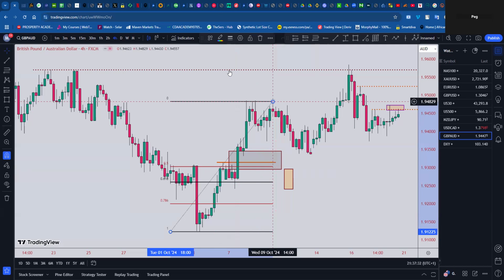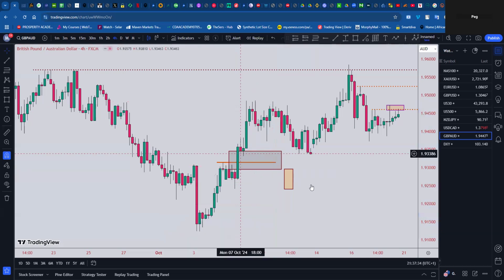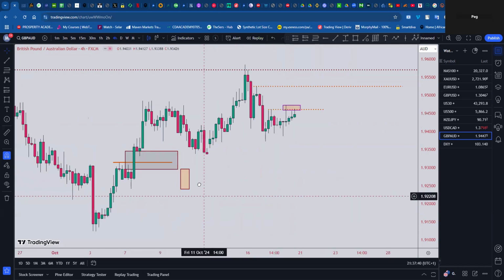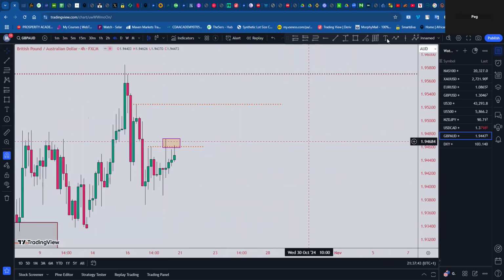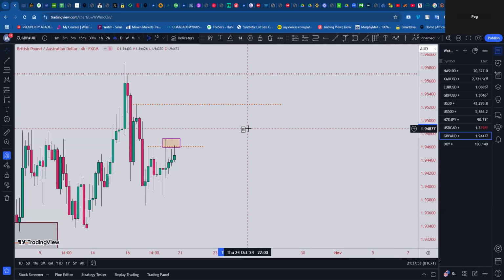So I hope you took notes of the three things I said. Let me write them out. I made mention of, I said first, for a bullish order block, let me use the word bullish order block.